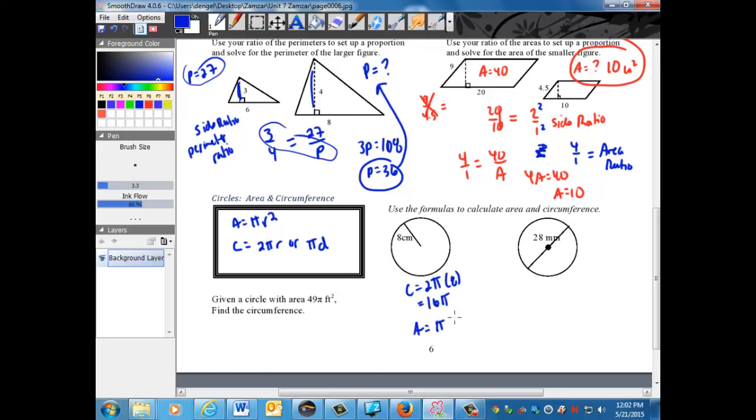Area is going to be pi times 8 squared, so we get 64 pi centimeters squared, and that's centimeters. This circumference on the right, C is equal to 2 pi times 14, which equals 28 pi millimeters. The area is going to be pi times 14 squared, so we get 196 pi millimeters squared.